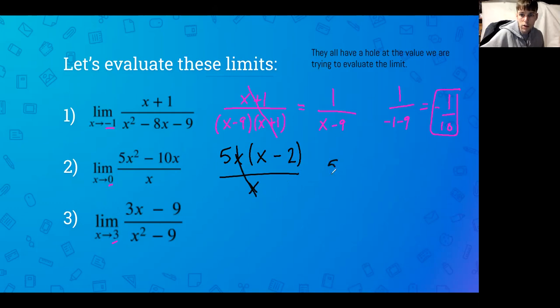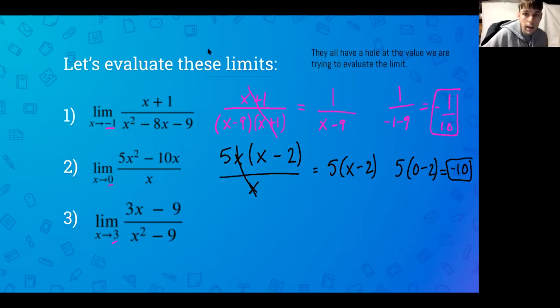We have an algebraically equivalent function that has taken out this discontinuity. And we should just be able to plug in 0 there. So that's going to be 5 times 0 minus 2, 5 times -2, we get -10. So our limit here, as x approaches 0, is -10.